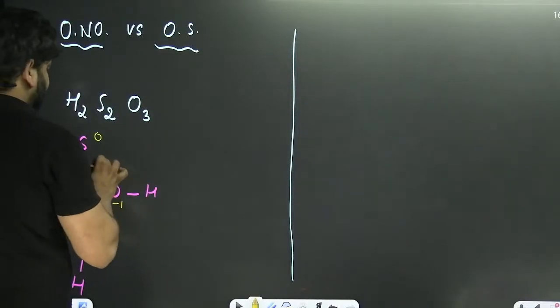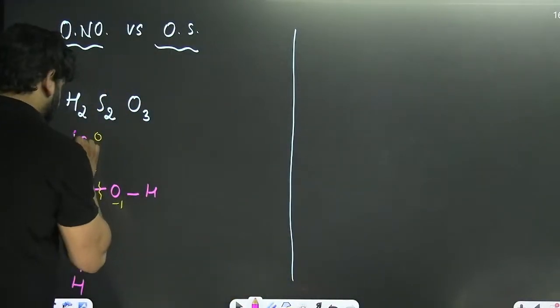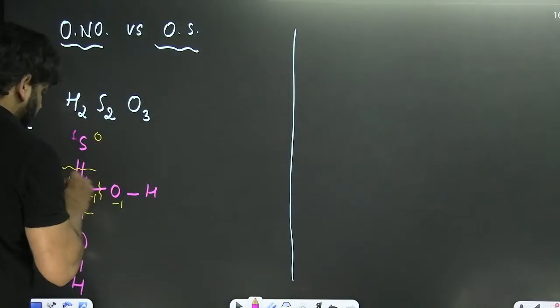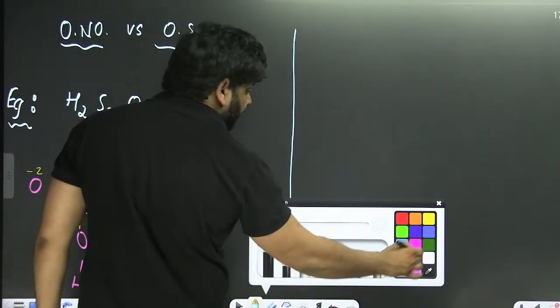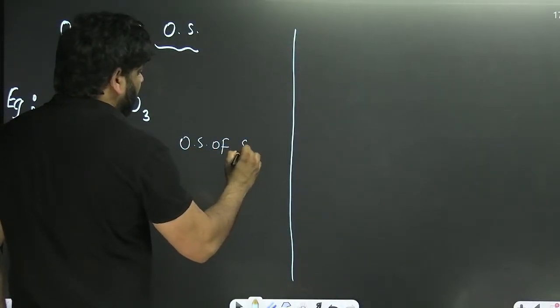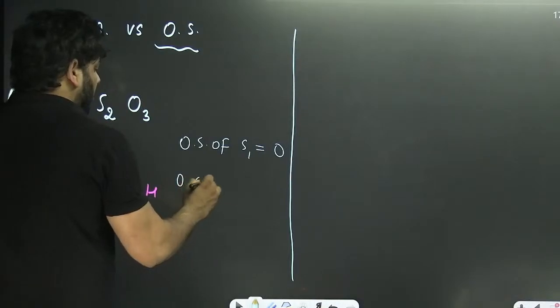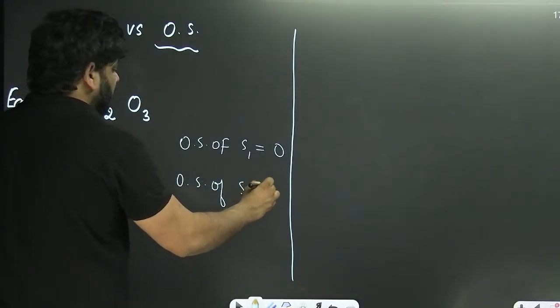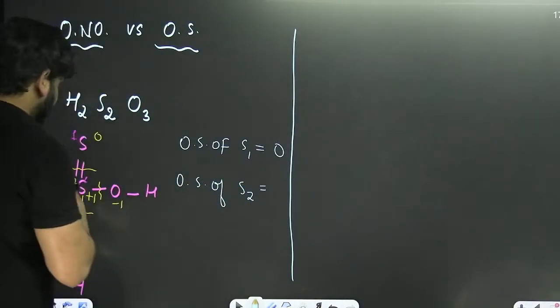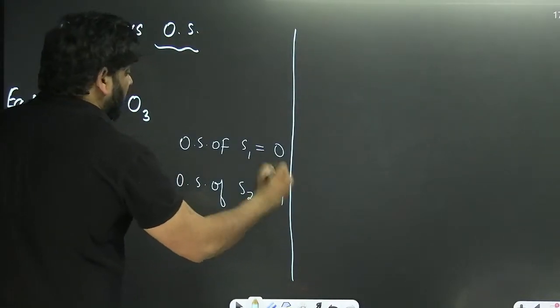So let us say this is sulfur number 1 and this is sulfur number 2. We can say the oxidation state of sulfur 1 is equal to 0. Oxidation state of sulfur 2 is 1 plus 1 plus 2, which is positive 4.